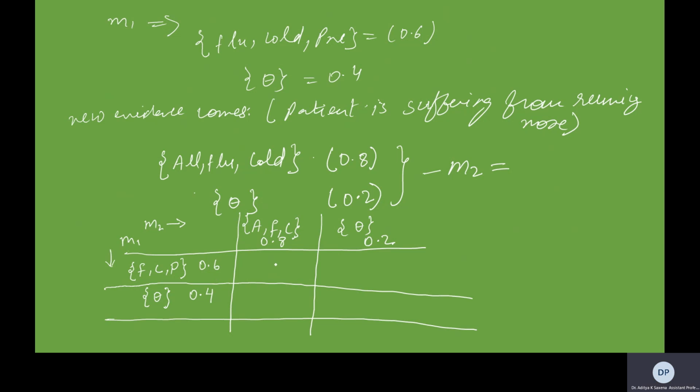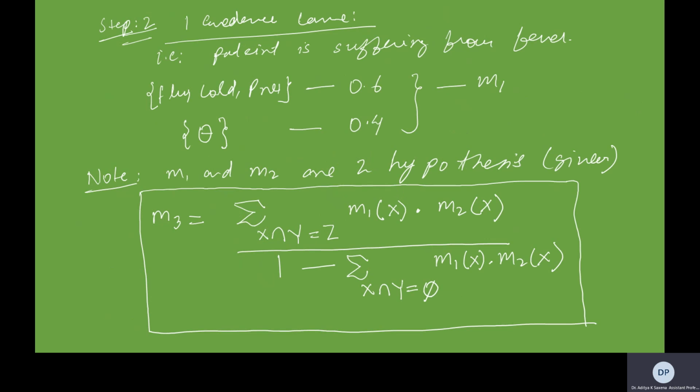Now, in the formula from the previous slide, look at the numerator part. The intersection means the common values in M1 and M2.